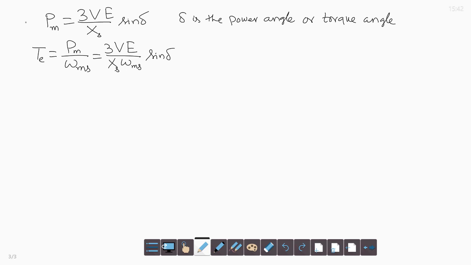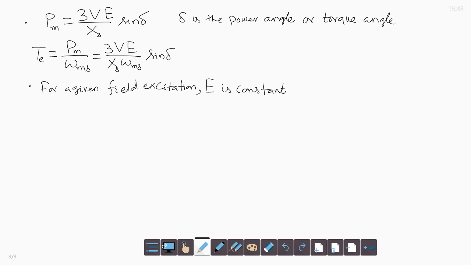So, from this we can conclude, for a given field excitation, when the field current is fixed, E is constant. The induced EMF E depends on the field current or field flux and the relative speed.